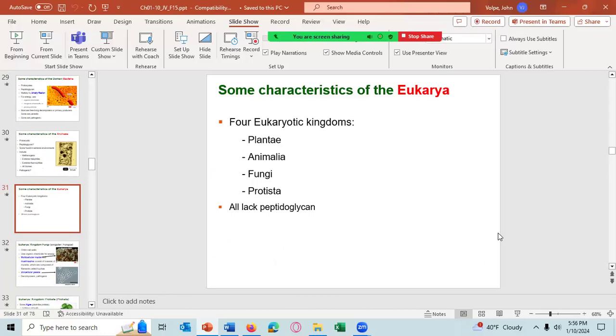All right, some characteristics of the eukarya. Remember, they have 4 different kingdoms: the plants, the animals, the fungi, and the protista. I should mention that the protista is a collection of organisms which are eukaryotes, but not a plant, not an animal, not a fungi.